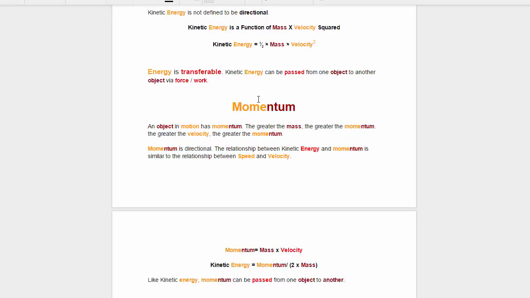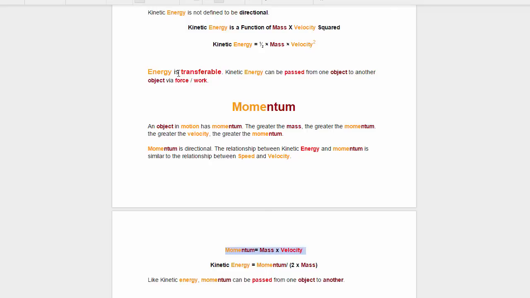Okay, momentum. I decided to show momentum as being orange and dark red because momentum is a function of, and we could use kinetic energy in the same way, could be colored the same way, because momentum is movement, but how much momentum it has depends on the mass that it has.